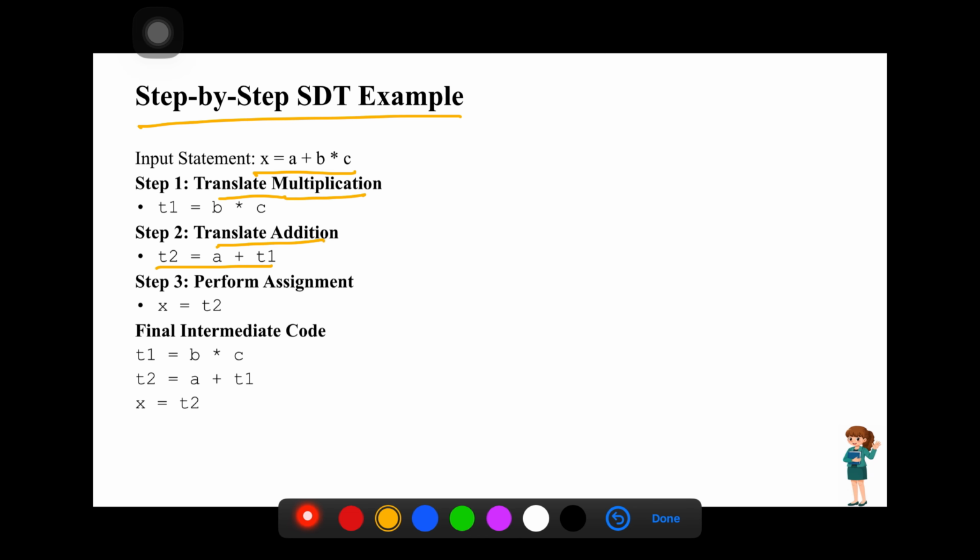Finally, we assign the result to X. X equals T2. Therefore, the final intermediate code is T1 equals B into C, T2 equals A plus T1, X equals T2. This demonstrates how SDT translates an assignment statement step by step.